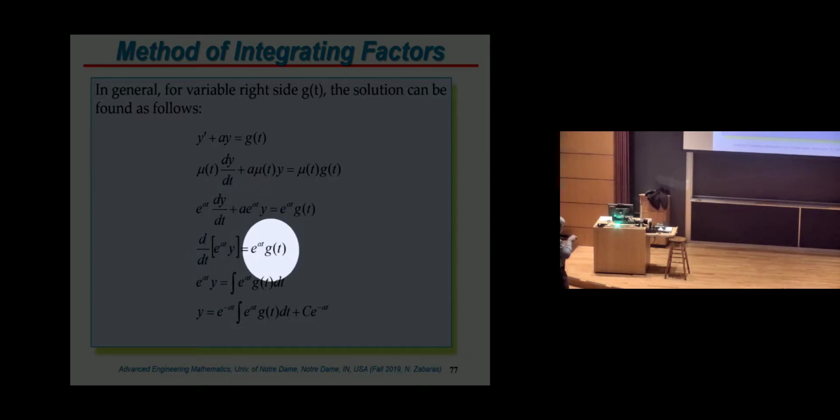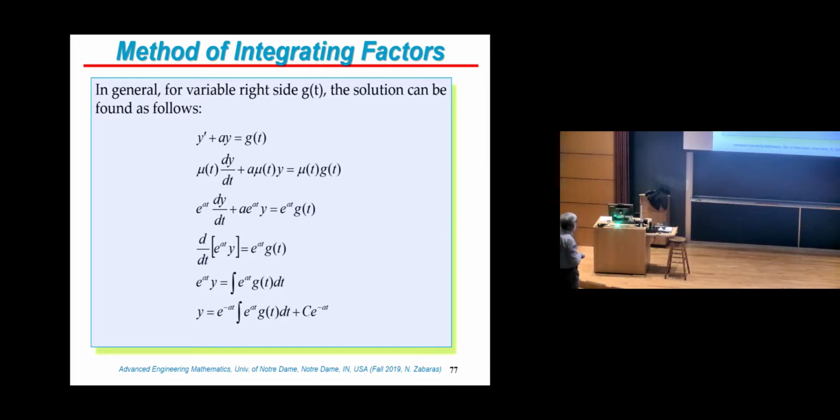The right-hand side, okay, is e to the at times g, so I can integrate on t, and divide by e to the at, and this is the wonderful final solution to my ordinary differential equation, okay?